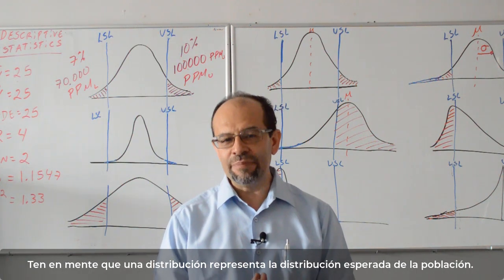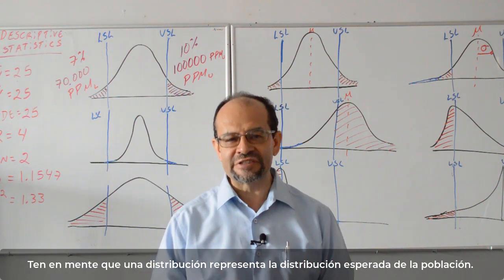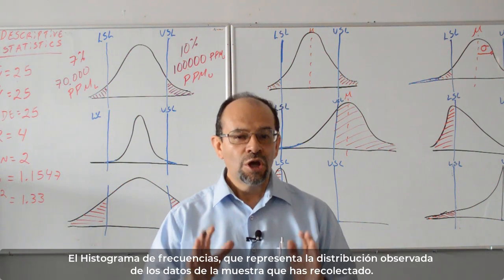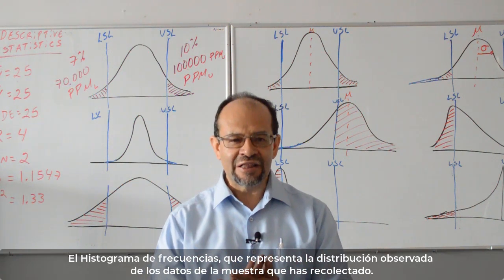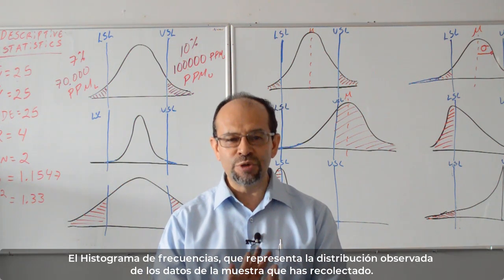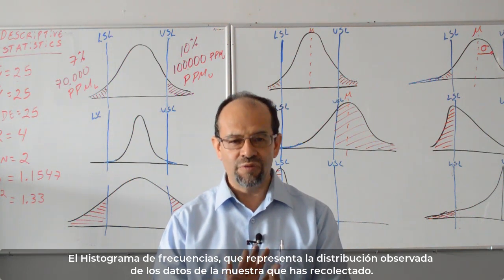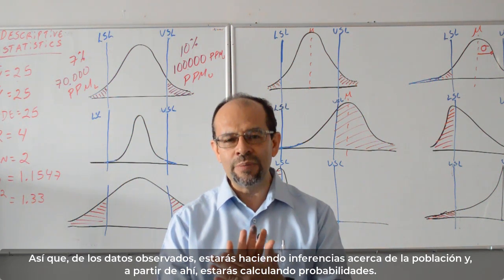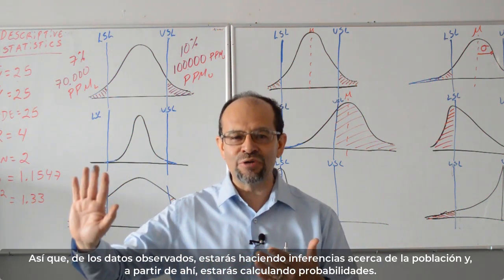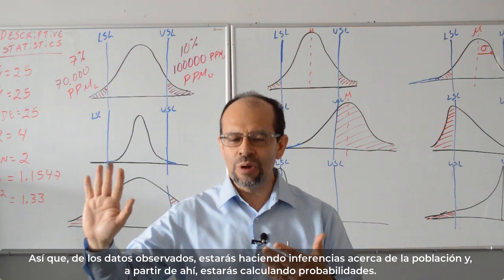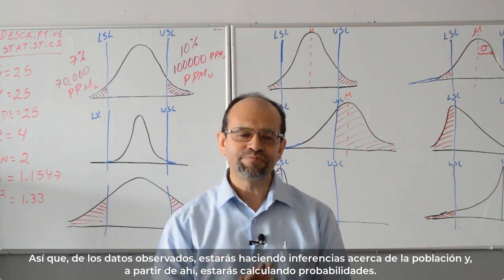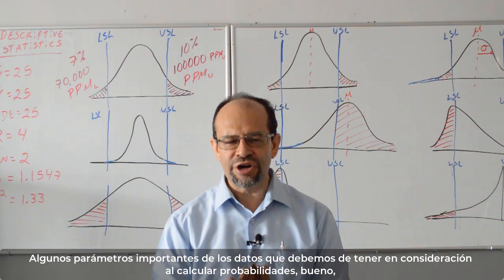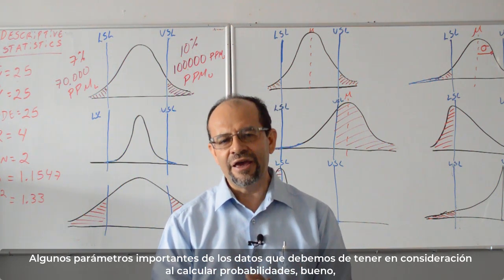And well, keep in mind that a distribution represents the expected distribution of the population. The histogram of frequencies represents the observed distribution of the data, of the sample that you have collected. So from the observed data, you will be making inferences about the population, and from there you will be calculating probabilities.